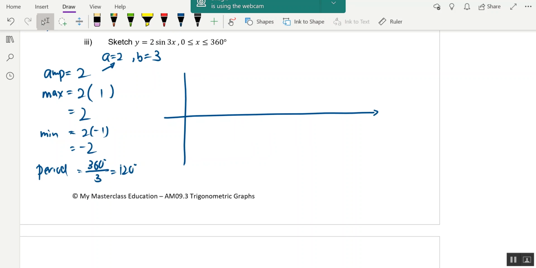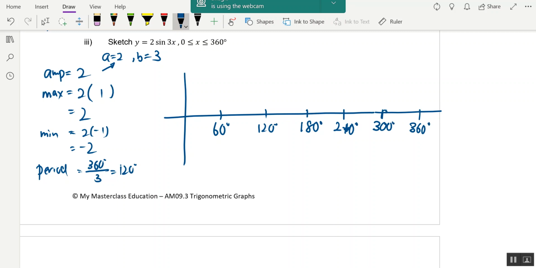Now, in this case, you do not label as 90, 180, all this. When it is a multiple of 3, we always do 60, 120, 180, 240, extend this longer, 300, and followed by 360 degrees.